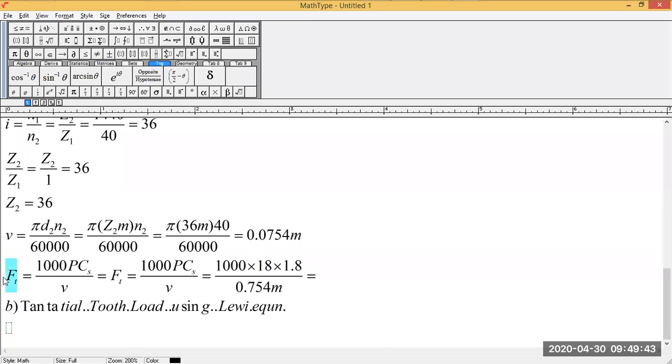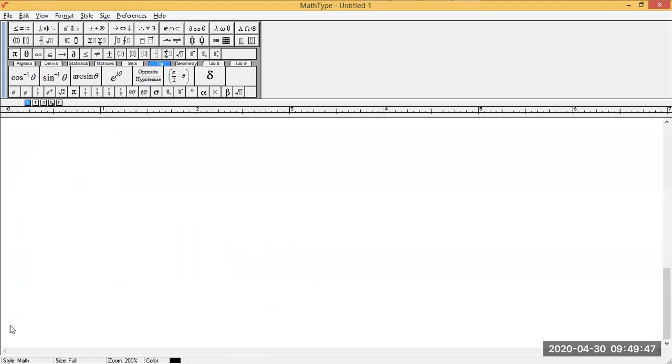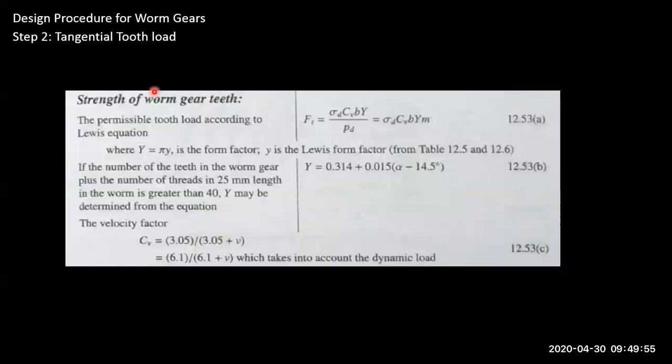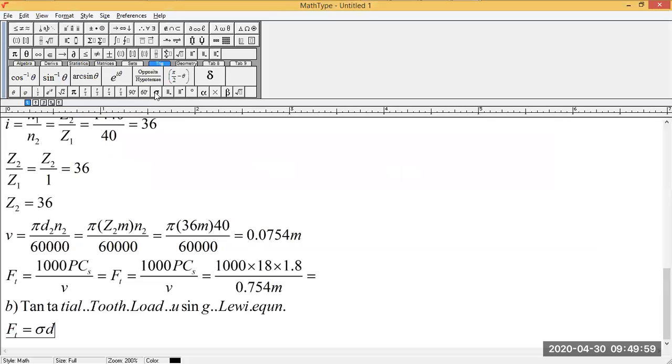Ft, that is the tangential tooth load, according to the Lewis equation, is sigma d Cv B capital Y and m.